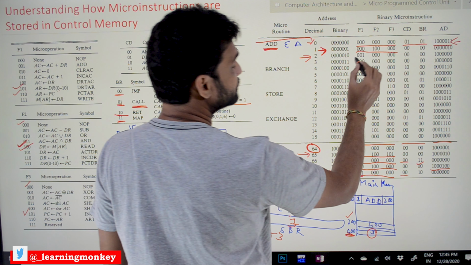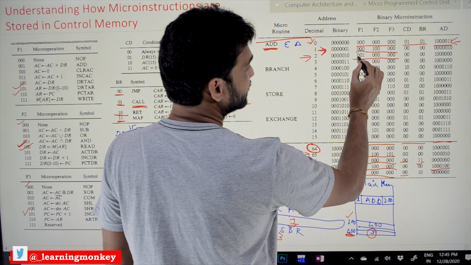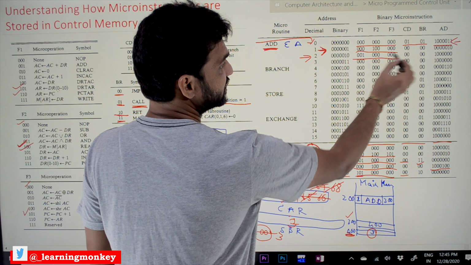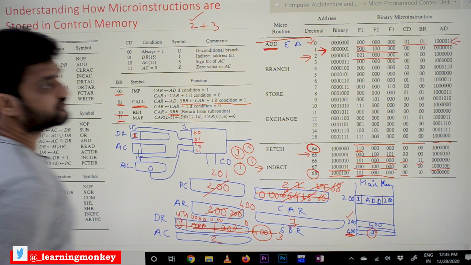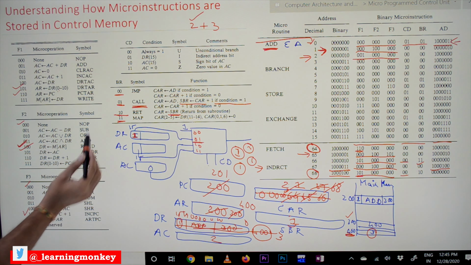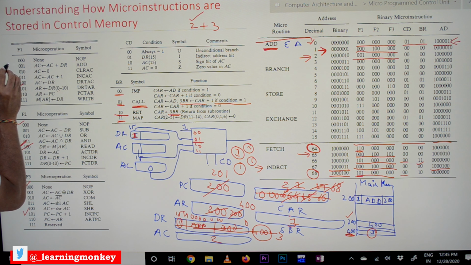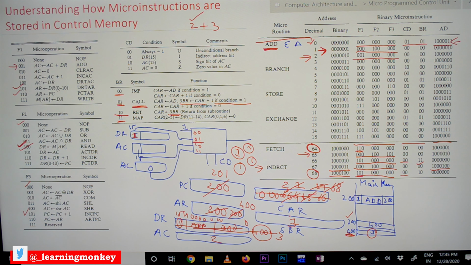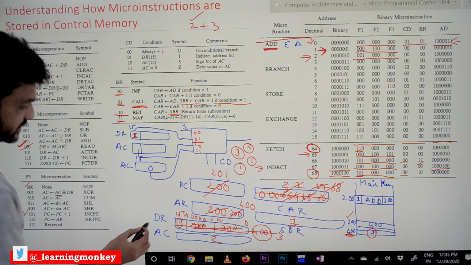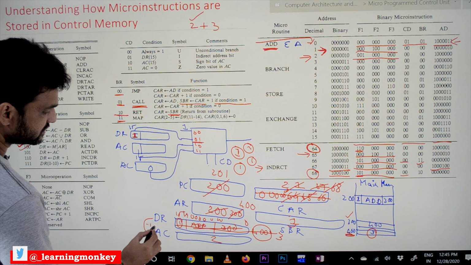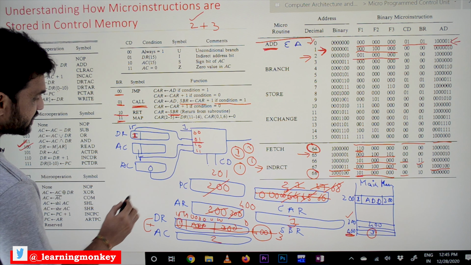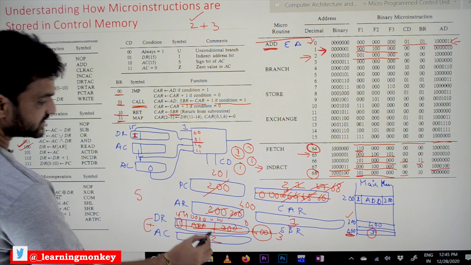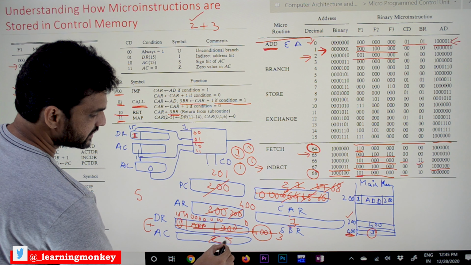Now this micro operation has to be executed: F1, and the remaining two, F2 and F3, are no operation. So this one is accumulator equal to accumulator plus data register. So 2 plus 3, which is 5, again will get stored in the accumulator.